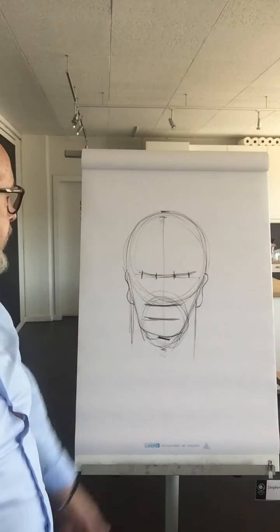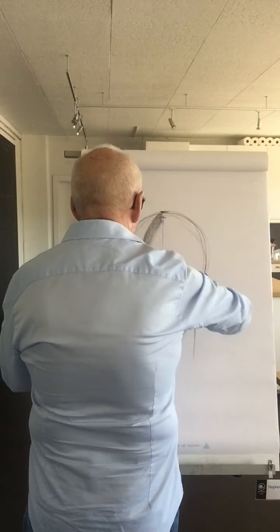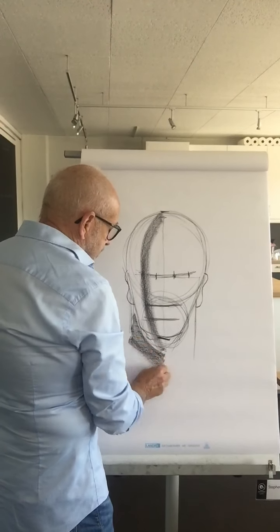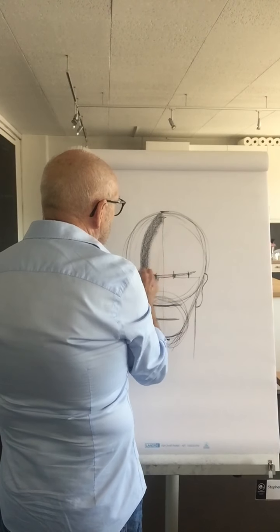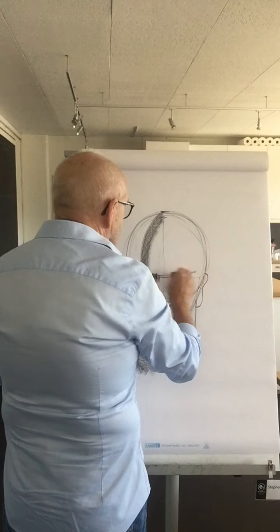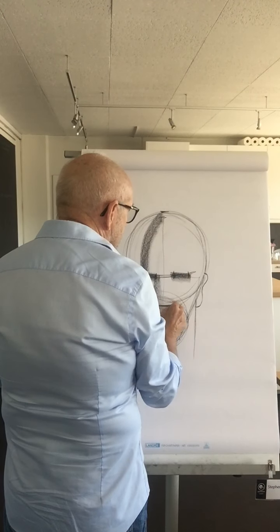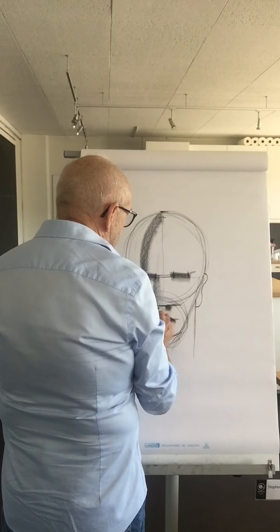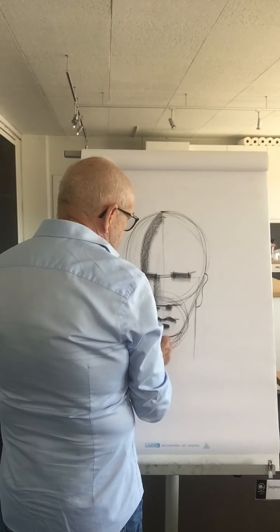So let's just bring in a light source. Shadow underneath the chin. You're going to have shadow underneath the eyes. You're going to have shadow down the side of the nose and underneath the nose. You're going to have shadow underneath the top lip and shadow underneath the bottom lip and some shadow on the chin.